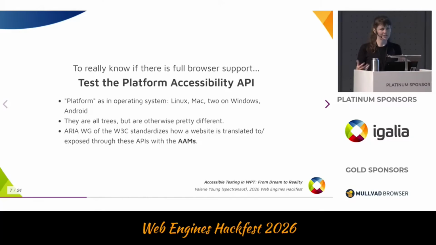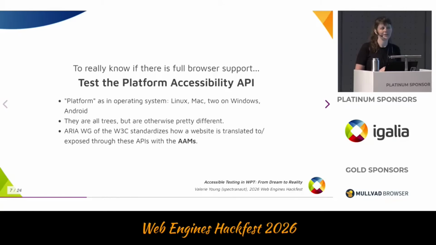They're also basically trees, a lot of the same concepts, but each platform API was created independently, so there's a lot of differences in the design. And they're maintained by operating systems.